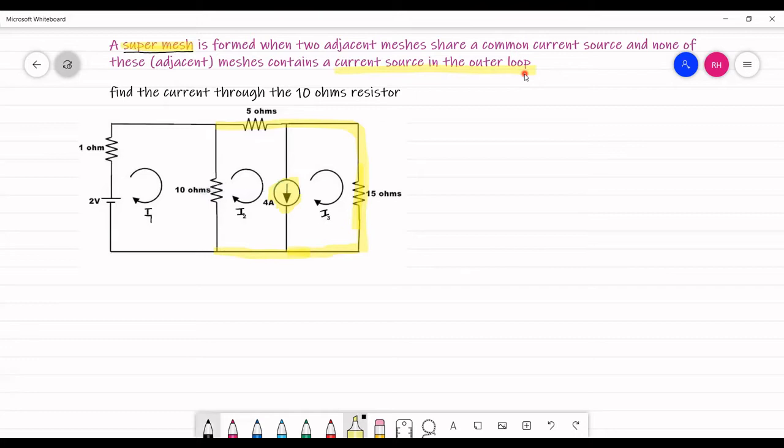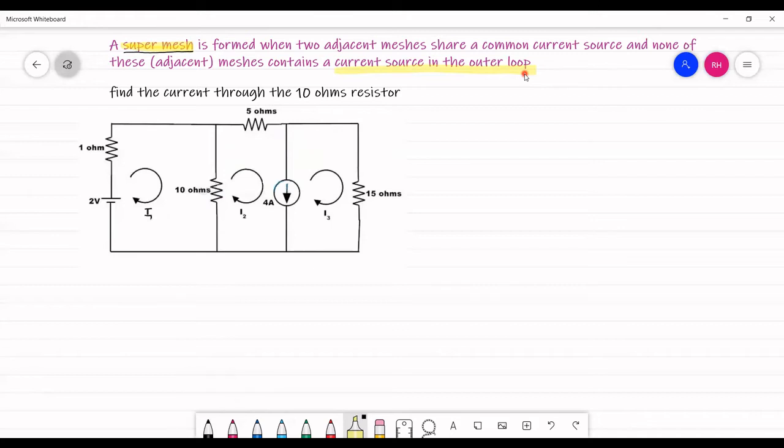Whenever you form a supermesh, you combine two adjacent meshes and see them as one mesh. Now let me take you to a problem and explain how we are going to apply mesh analysis to a circuit where you have a common current source to two adjacent meshes.